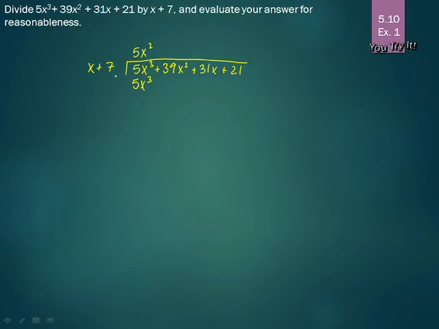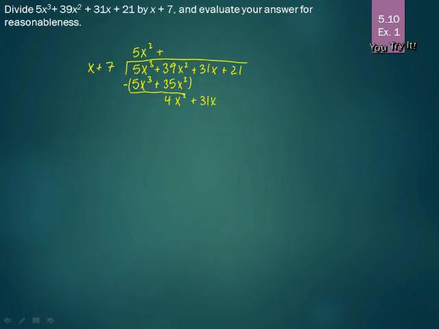Then 5x squared times 7 is a positive 35x squared. Then we subtract that entire phrase. So 5x cubed minus 5x cubed is just 0. And 39x squared minus 35x squared, since we're distributing the minus, gives us 4x squared. Then we drop down our next term.